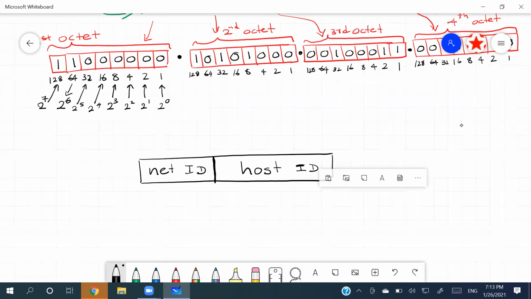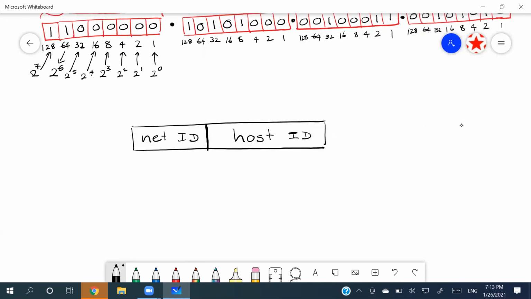Right? So why are these two things there? The net ID determines the network; using the net ID we can identify whether this IP address is in the same network or not.